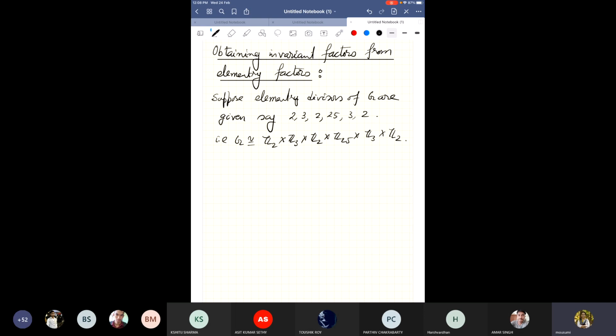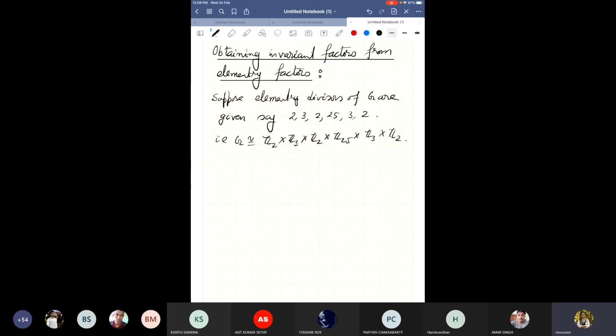Okay, so then from here, how do I construct these ni's? That is the question now. So you have this group G isomorphic with this, and now you would like to find out your n1, n2, n3, and so on, with the property that n3 should divide n2 and n2 should divide n1. So how to do that? I will first list down what are the primes present in this.